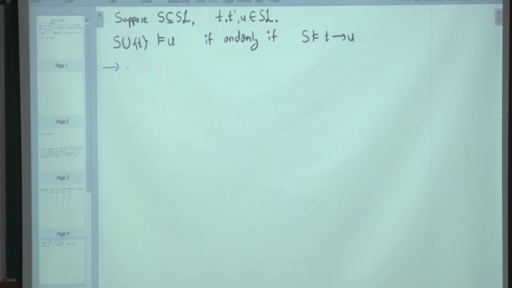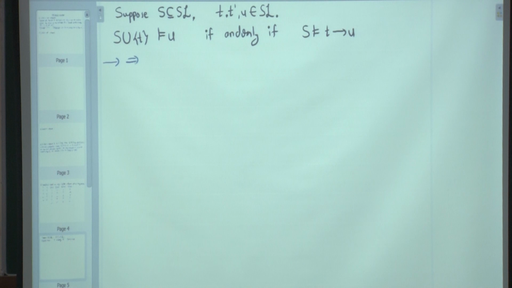Okay, so I am proving this side, the contrapositive. I am just writing keywords, please don't do that. Suppose S doesn't model T implies U, then what will happen? Then there is a valuation.